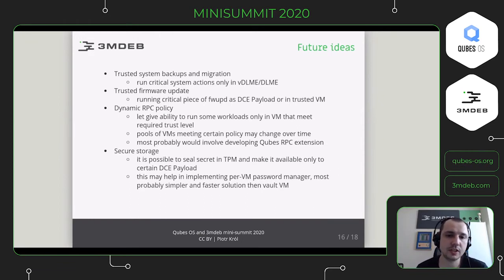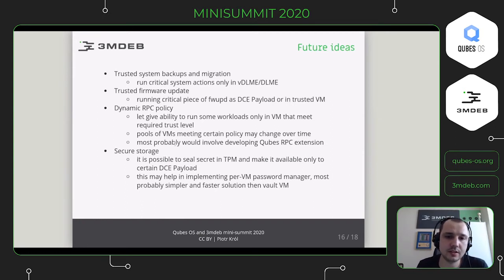Then we may have, for example, pools of VMs: this pool has very good trust because we know all the components that are running there, this one has less trust because there is some small misconfiguration, and this one has no trust because there are some weird processes running inside.